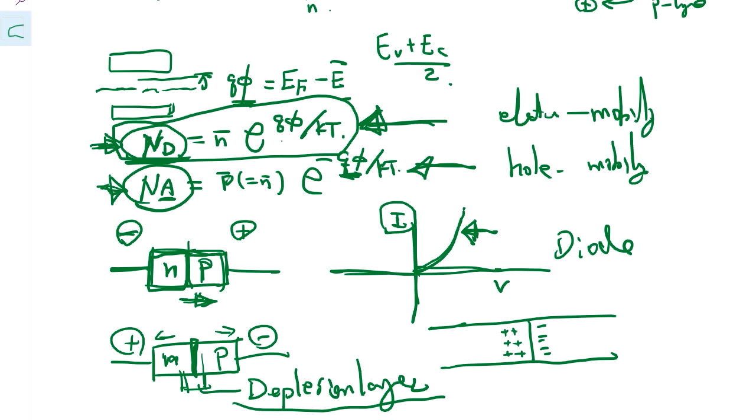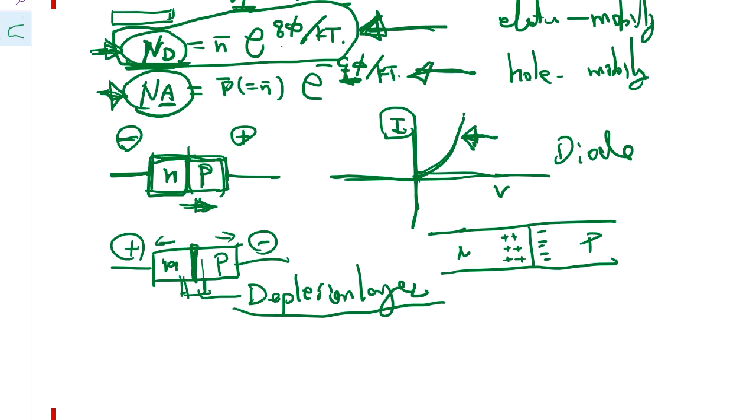So if you write the Fermi level, P type, N type, it's going to be, and this is the Fermi level, the P-type Fermi level and N-type Fermi level.